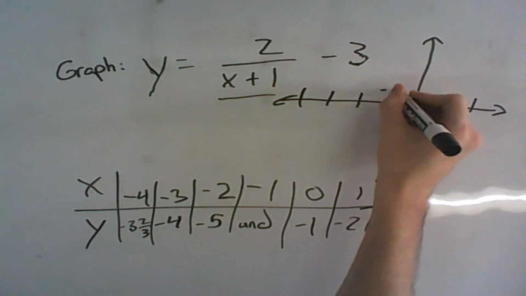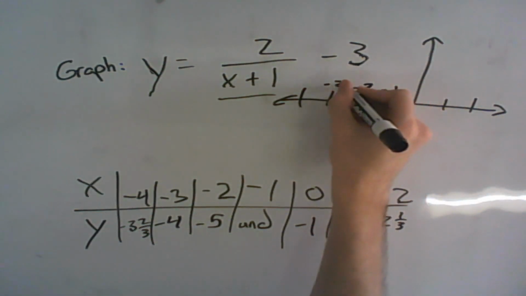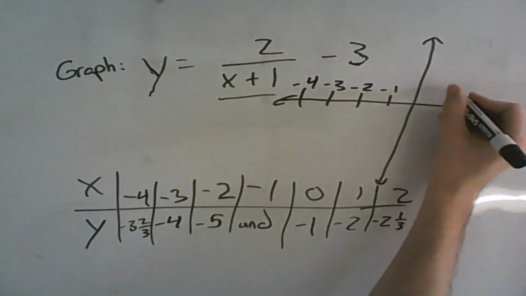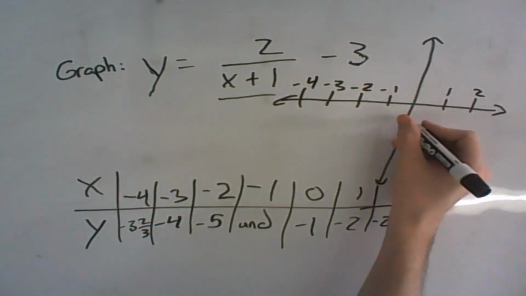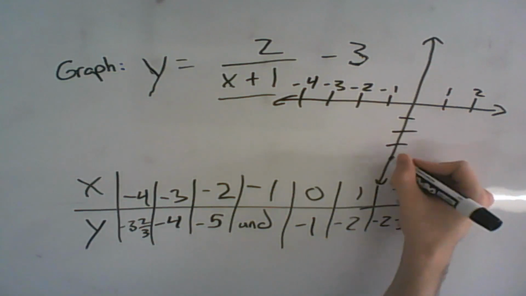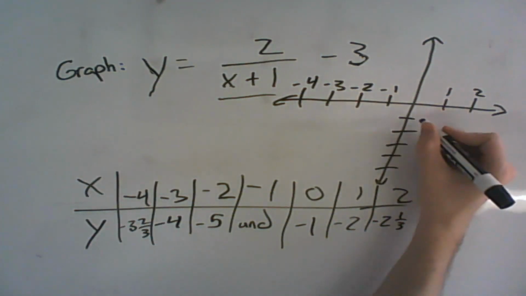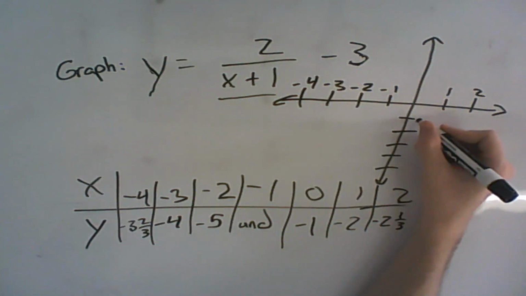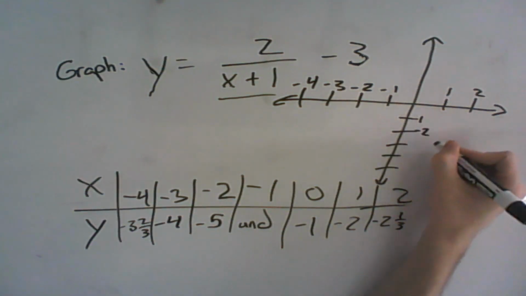Okay, so -1, -2, -3, -4, 1, 2. This is 1, 2, 3, 4, 5. Okay. -1, 2.